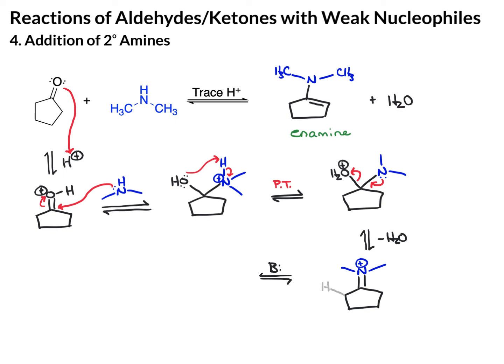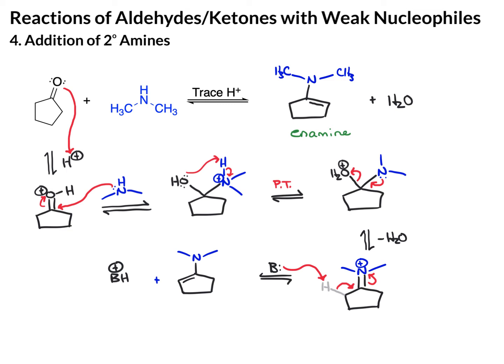So I'll draw one in. That base can come and take this proton. That will push these electrons over to form the pi bond and push these electrons up onto the nitrogen. So now we're left with our neutral enamine product and, of course, the protonated base.